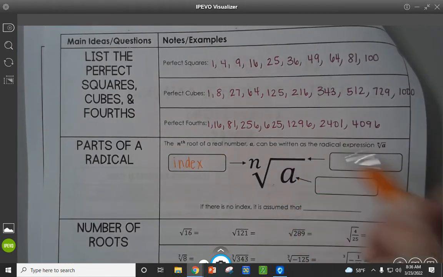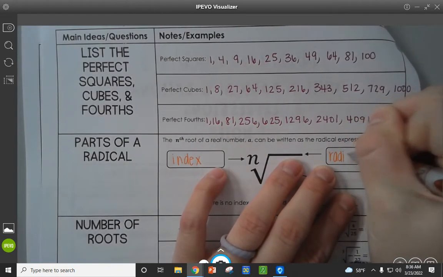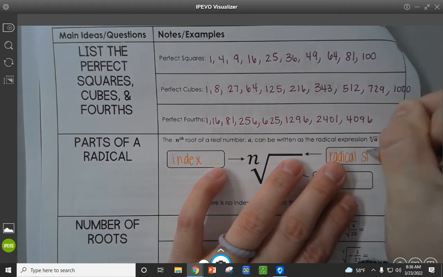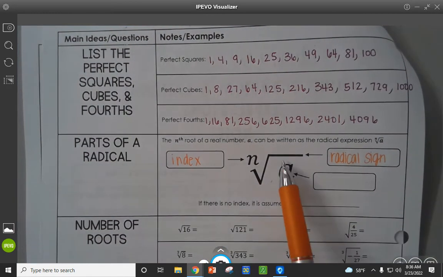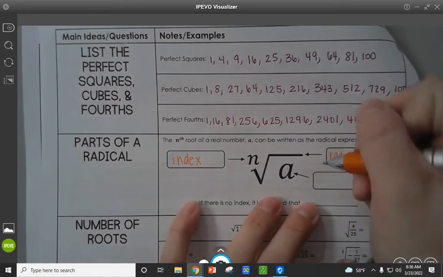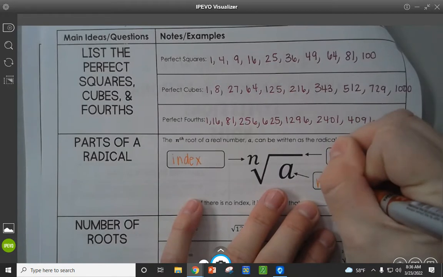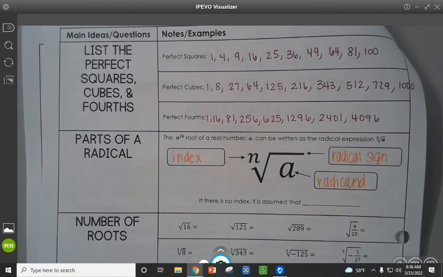Now this symbol is just your radical sign. And then the number under your radical sign is called the radicand. R-A-D-I-C-A-N-D.